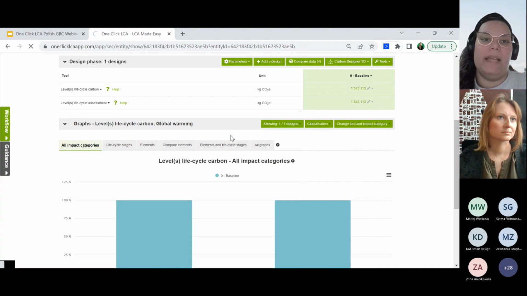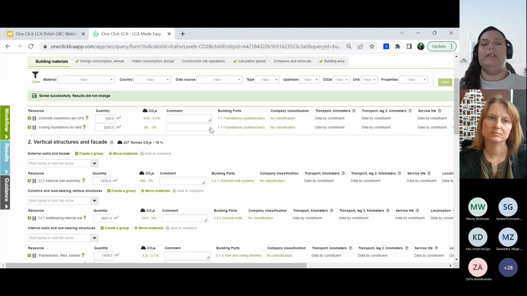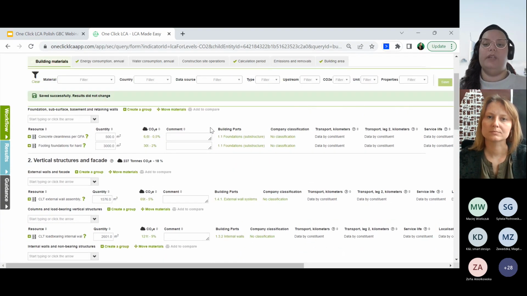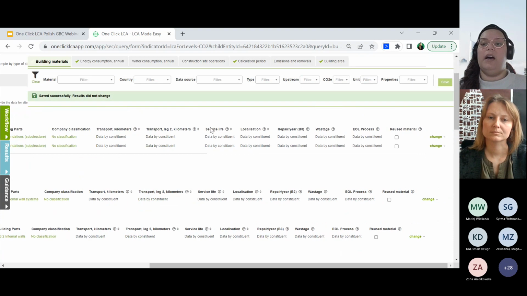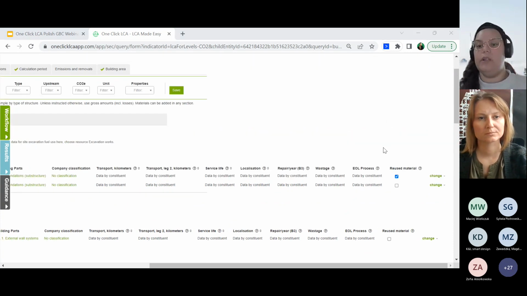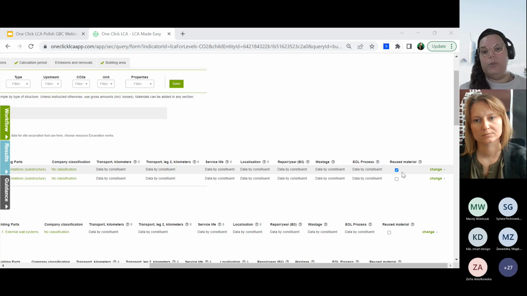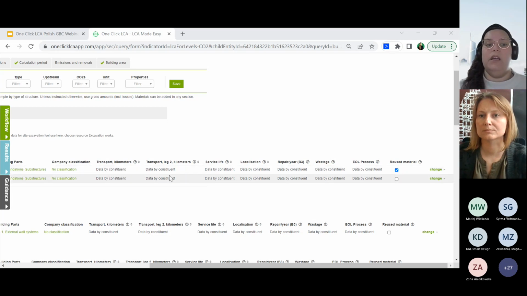So of the materials of the existing building, the materials that you would be still reusing, you can tick here in reused material, and then it will disregard the A1 to A3 phase because it was for the building when it was built and not for the building that you would be working with now.